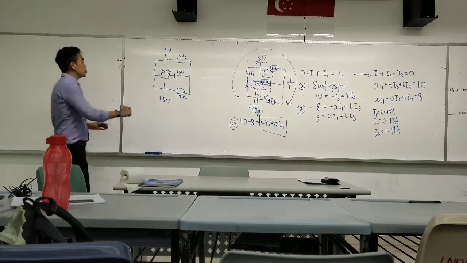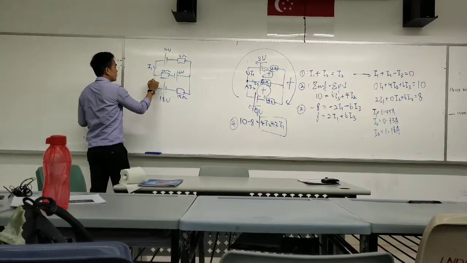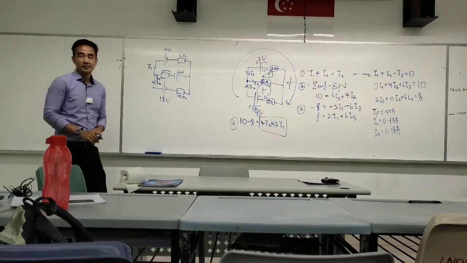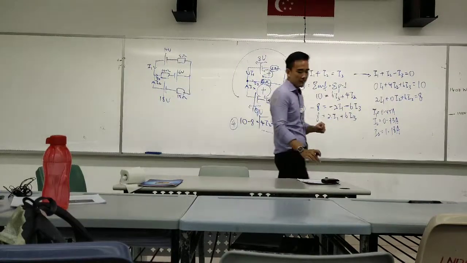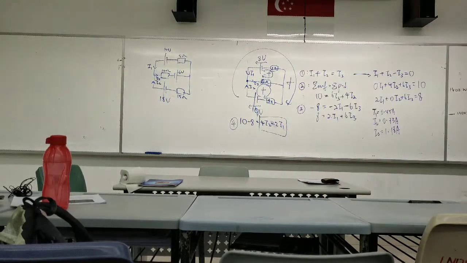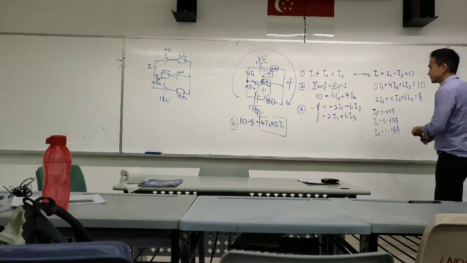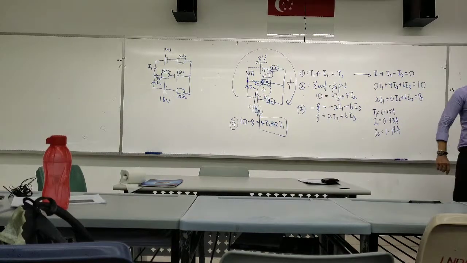So what I want you to do is to find I1, I2, and I3. Give it a try. Try the 3 equations again and solve for it. Okay? 3 batteries.